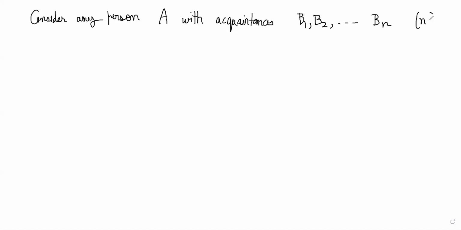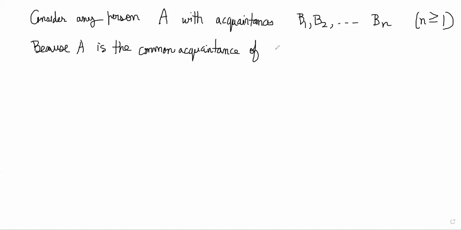And here n is greater than or equal to 1, right? Now, because A is the common acquaintance of all of B1, B2 till Bn. Basically, we can say that B1 and B2 both know A.